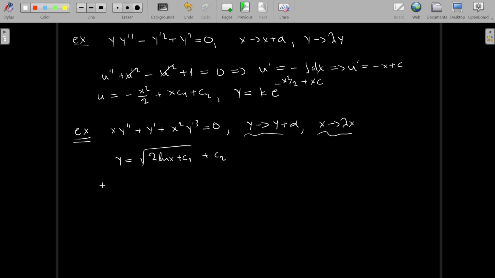Now let us write some more examples with their solutions for educational purposes. Plus y prime minus x y prime squared is equal to 0.